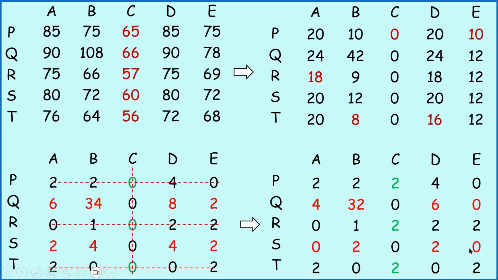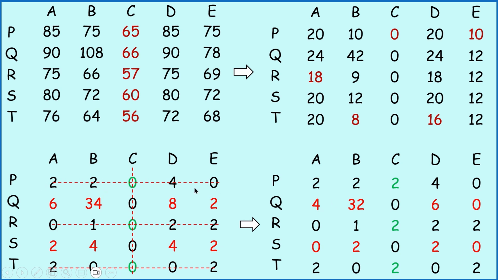Likewise, all the red color numbers will change. And wherever there is an intersection of the lines, there we need to add this minimum value. So here at 0 we need to add 2, so this value becomes 2, and this intersection will become 2, this intersection also will become 2.